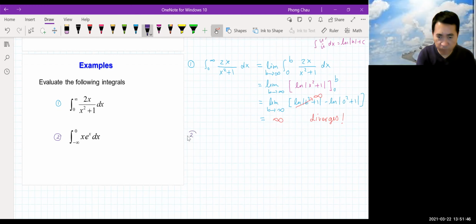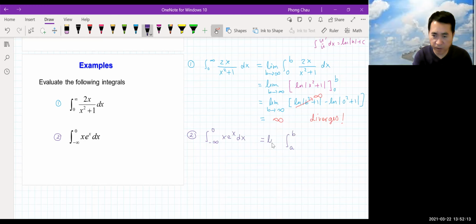But instead of replacing the upper limit, we can be replacing the lower limit. So we've got the integral from negative infinity to 0 of x e to the x dx. What I'm going to do is replace negative infinity with any arbitrary constant. I like to call it a. You can replace it with anything you want.